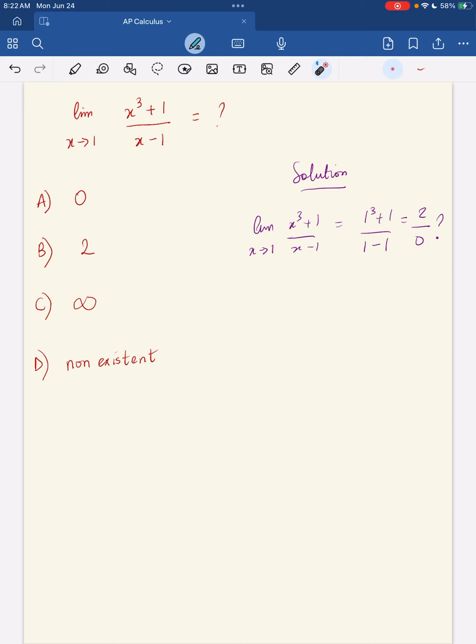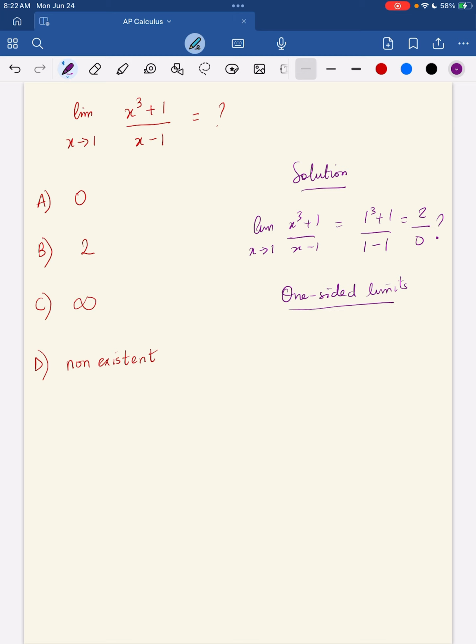Okay, so now what we could try is the concept of one-sided limits. Now, what does that mean? We are going to calculate the limit of this expression firstly as x goes to 1 from the left-hand side of 1, which is denoted by a negative sign.